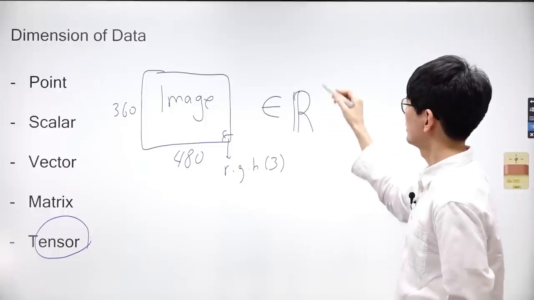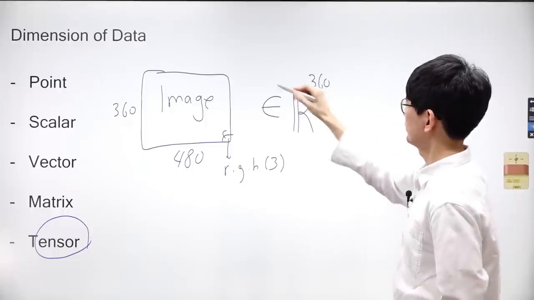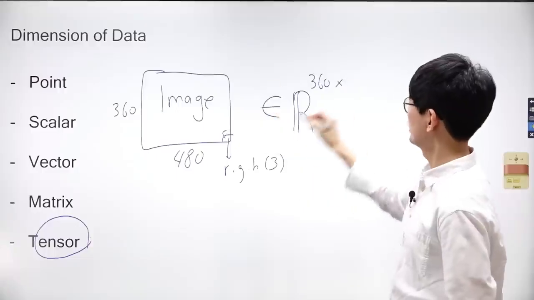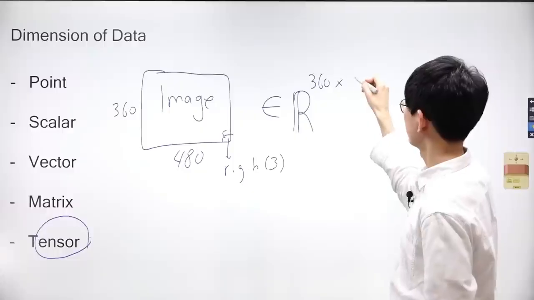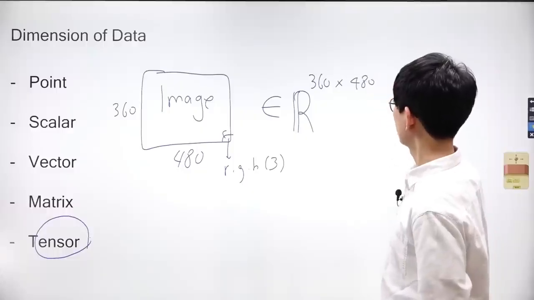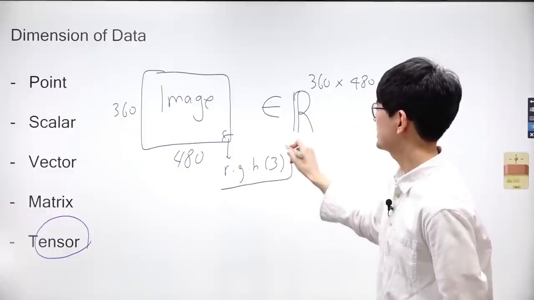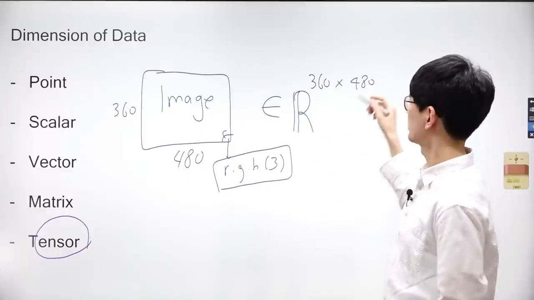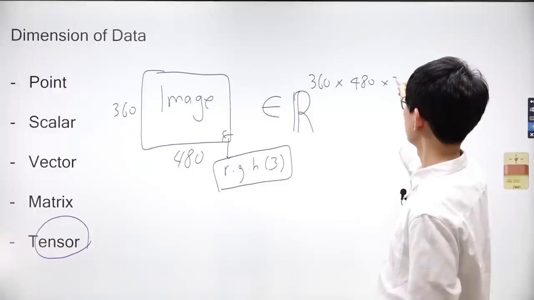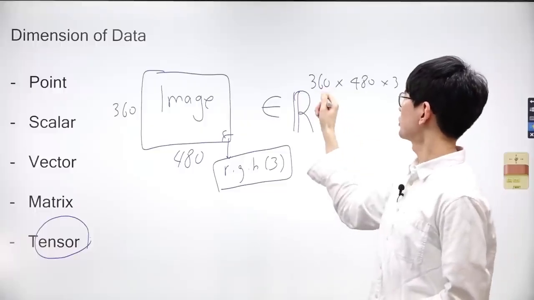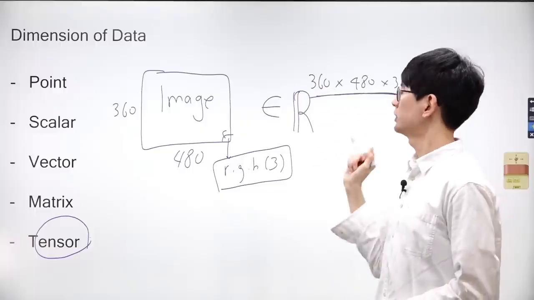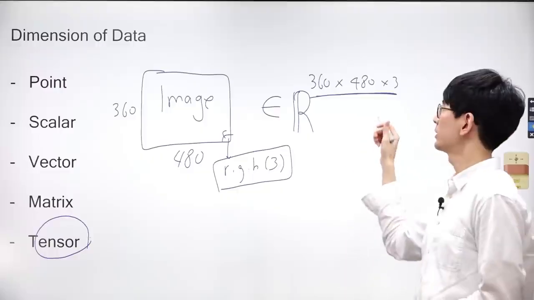So the dimension of the data is multiplied by 3. In the case of tensors, for higher dimensional data, you just multiply the dimensions like this. For higher dimensional tensors, we just multiply additional dimensions. That's how we define dimensions of tensors.